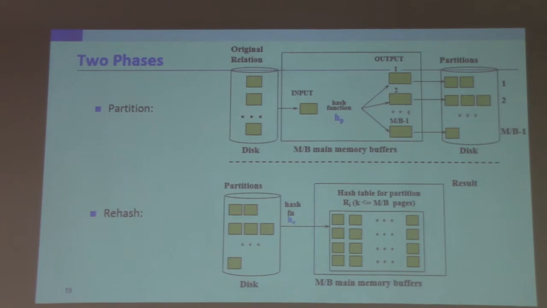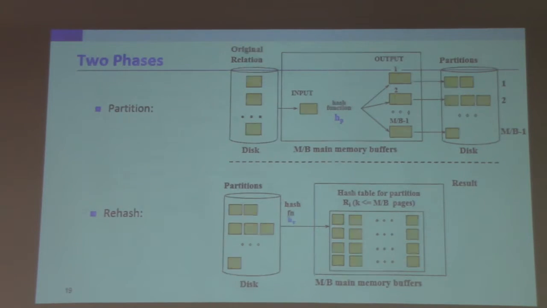Why not, in the first phase, take this in-memory buffer and allocate a small space for it, and maintain those running aggregates for those partitions who have a lot of elements from the same group. Then instead of dumping them back to disk, you can aggregate them into a single record like I showed here while you're doing the partitioning phase, so that you avoid writing this partition to disk and loading it back to do the rehash.